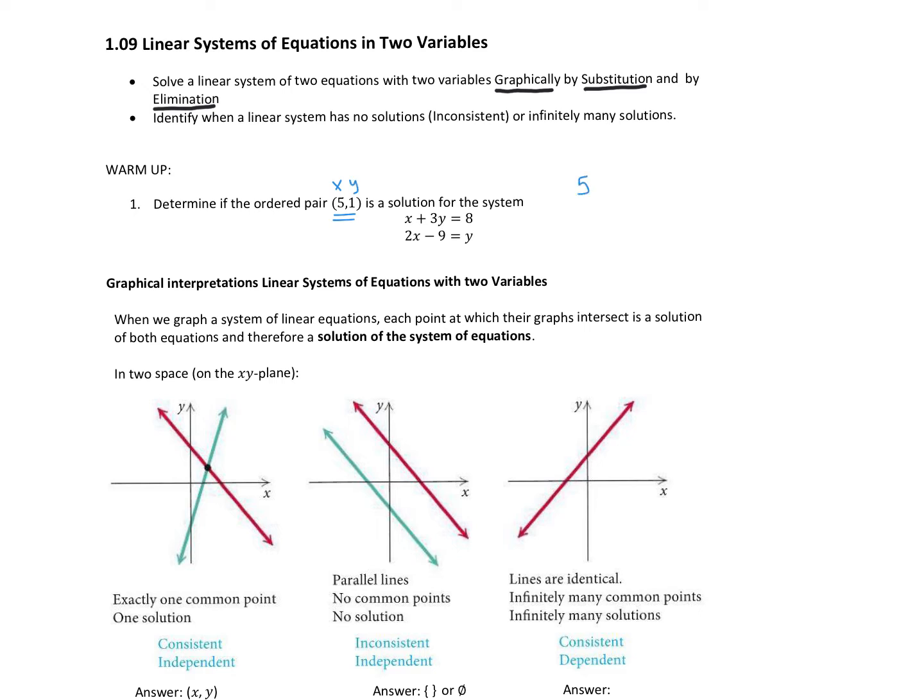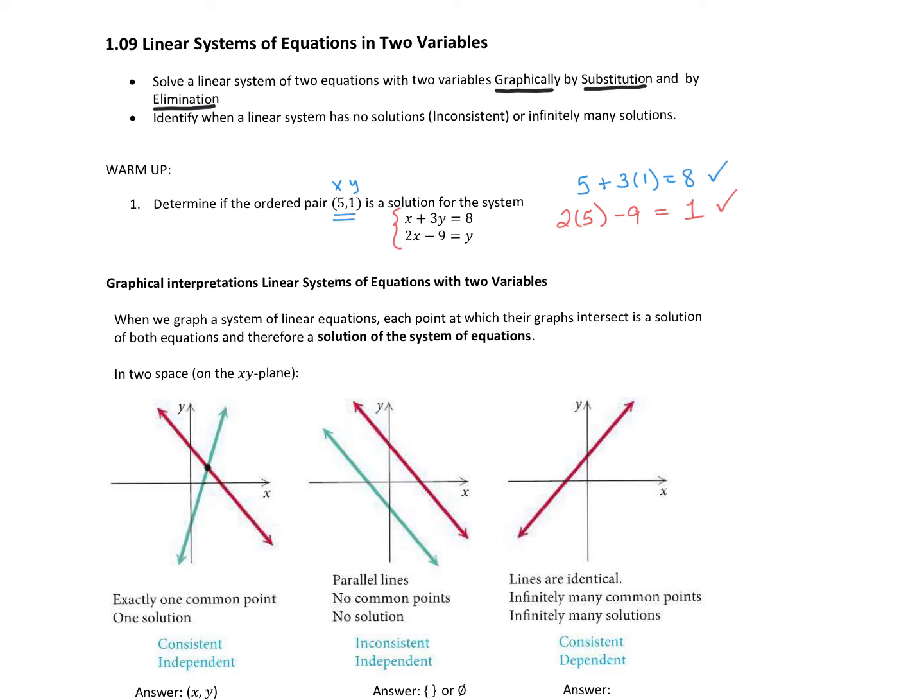I'm going to put those values in. 5 plus 3 times 1 equals 8. That's true. 5 plus 3 is equal to 8. And for the second one, 2 times 5, which is 10, minus 9 equals 1. That's also true. So this 5, 1 is a solution to this system of equations.